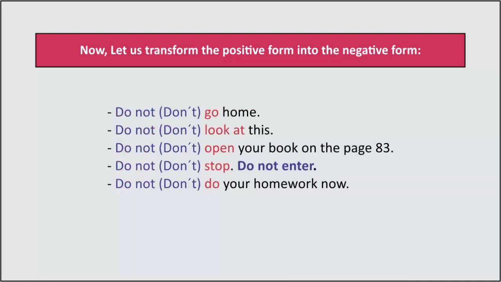The first example, go home. If I want to pass the sentence into the negative form of the imperative, I have to add do not or don't before the verb. It's very easy, okay? Then we have do not go home or don't go home. And people, pay attention to the intonation of your voice. If you are giving an order, you have to use a proper intonation.